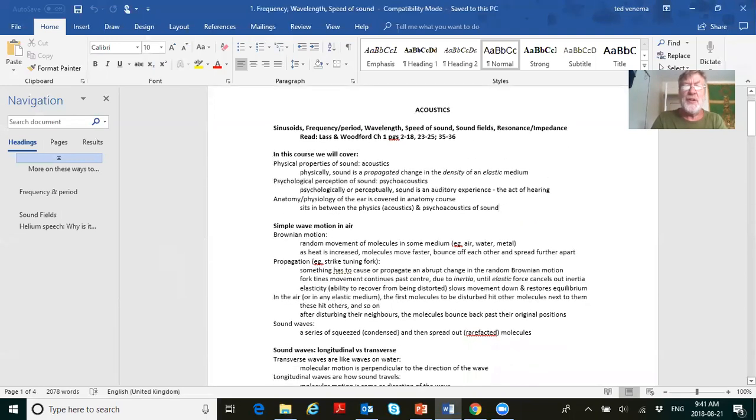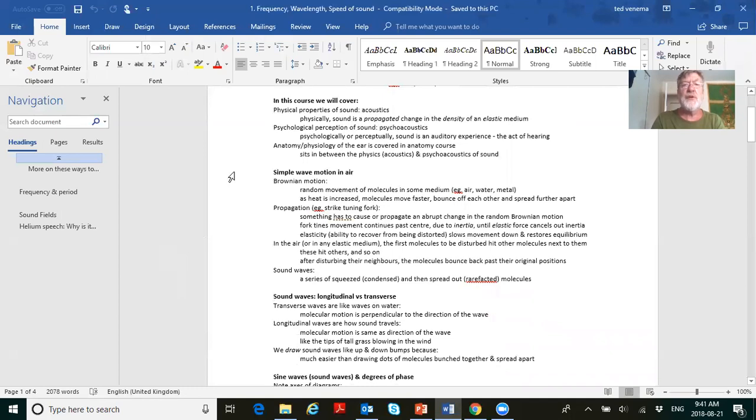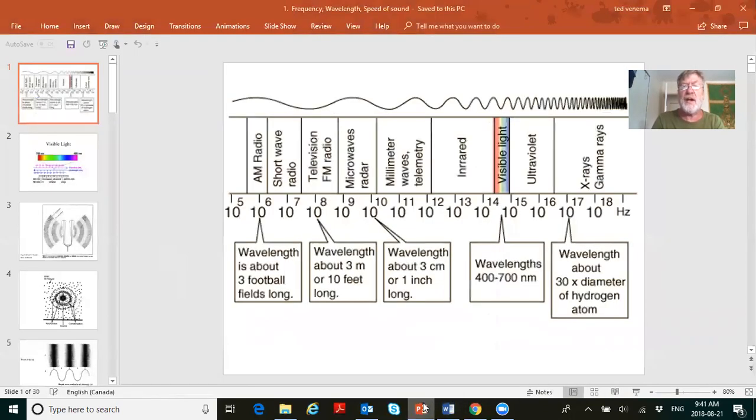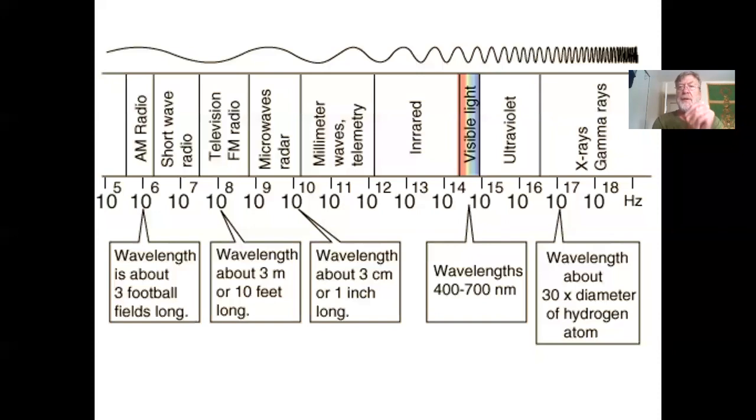So here we go. We delve into a little bit of the physics. Now here I'm going to show you a PowerPoint slide, and you can see this here. In fact, I might make it really big and just blow it up here. Can everybody see that? Good. This is talking about light waves, not sound, light.